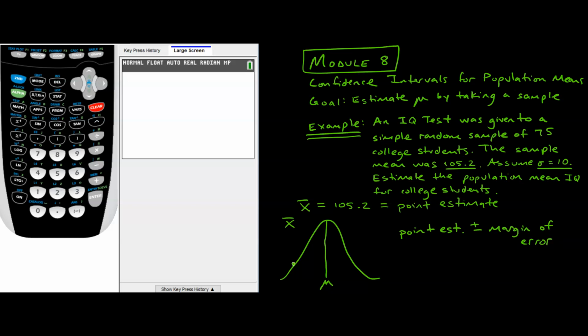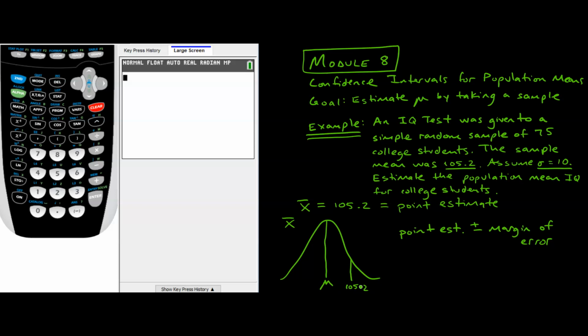And so even though we don't know where 105.2 is in this distribution of sample means, if for some reason it was, let's say, right here, and I'm just completely pretending at this point, then the point estimate would not have been a great estimate of my true population mean.